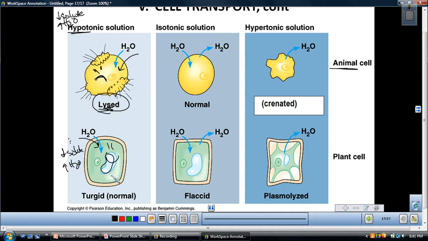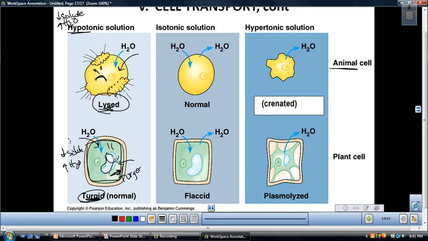There is now a pressure against the cell wall, which is known as turgor pressure. Turgor pressure is a back pressure, which actually prevents more water from entering. So once it reaches that turgor, then it's going to stop taking on excessive water. But what we say is the plant cell is known as turgid because it's nice and plump, full of water.